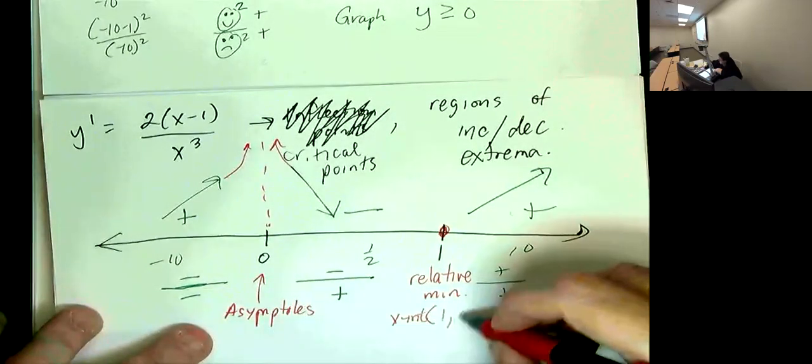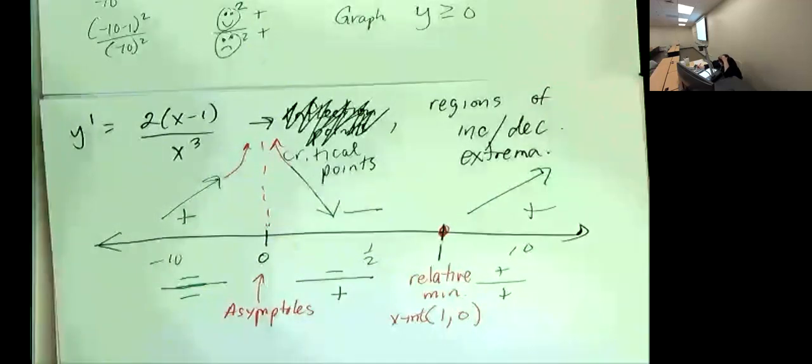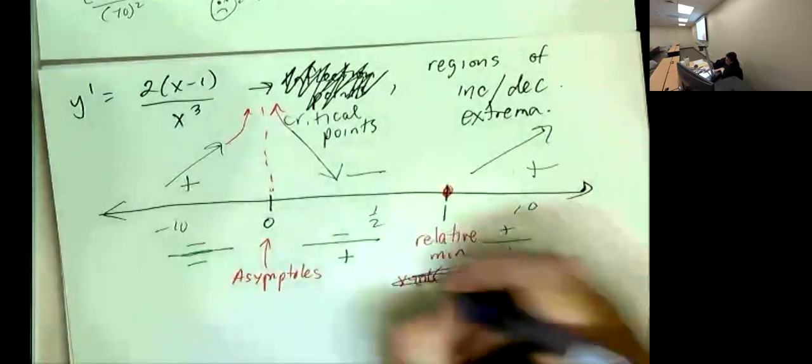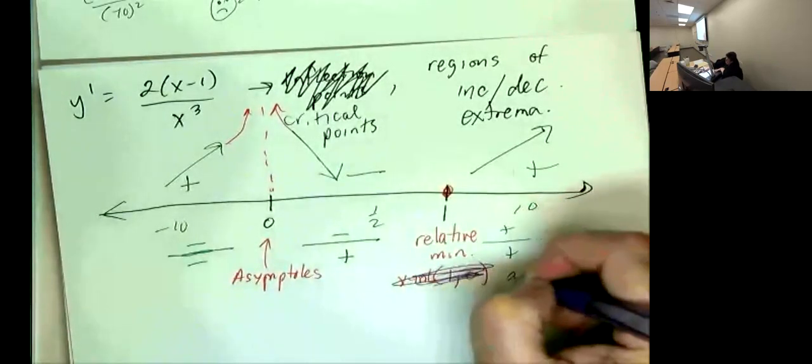If it wasn't already identified, you'd need to find that y value for it. Maybe I'll walk through that just because. So, relative min at x equals 1.